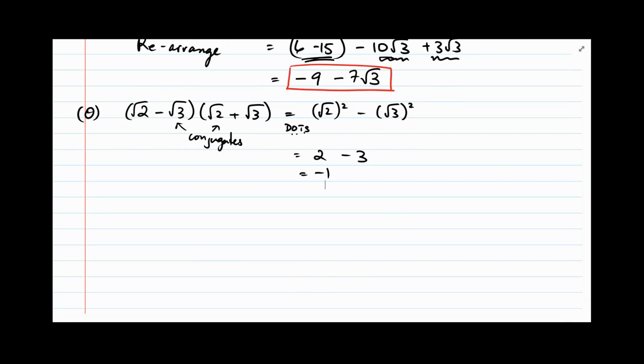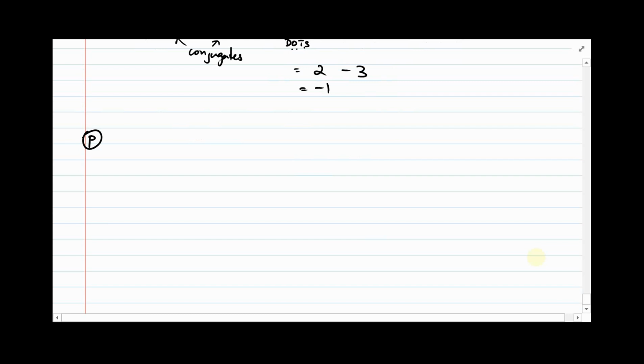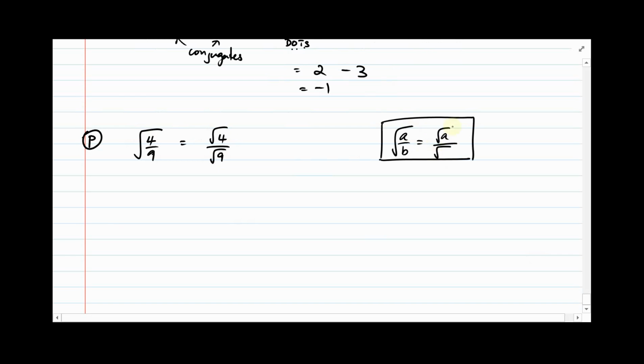So we've looked at simplifying, we've looked at multiplication, we haven't looked at divisions. Now, if we had something like, what is the square root of 4/9, then not a problem. I could use the division rule, which tells us, let me just state it again: if I have the square root of a over b, you will simply take the fraction of the square root of a over the square root of b, and in this case we ended up with 2/3.